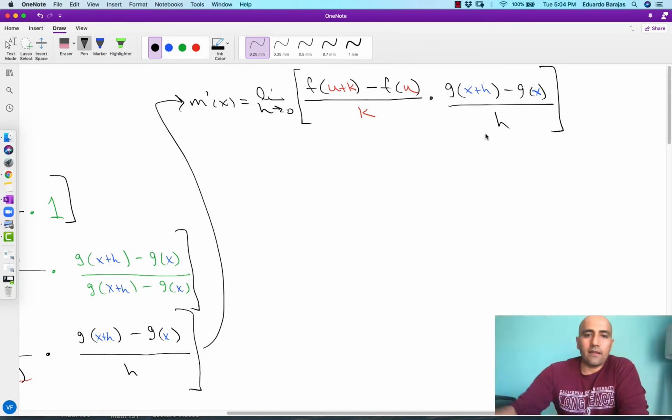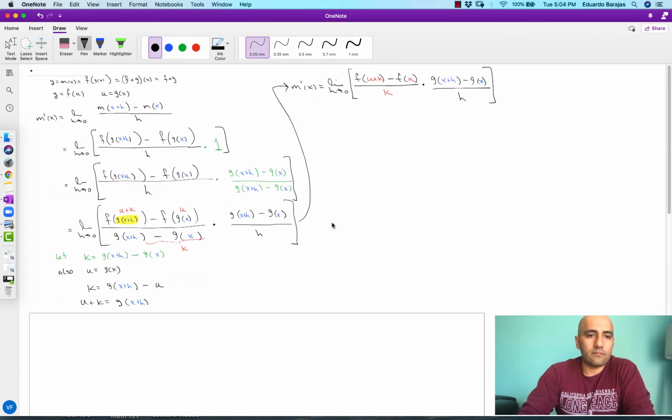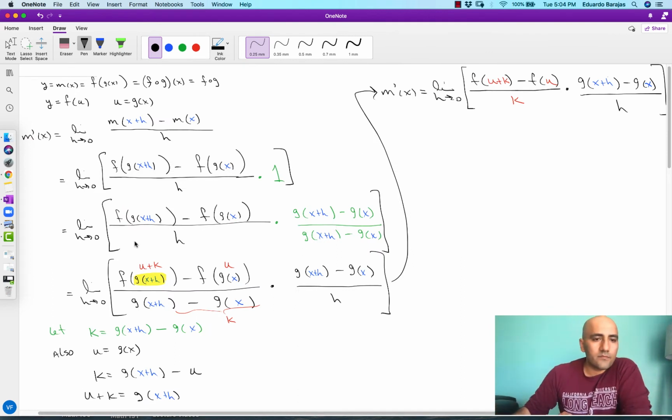And note that based on our description of, okay, let me come back over here and fix this thing. This is m of x. This is m prime of x. This is m prime of x.